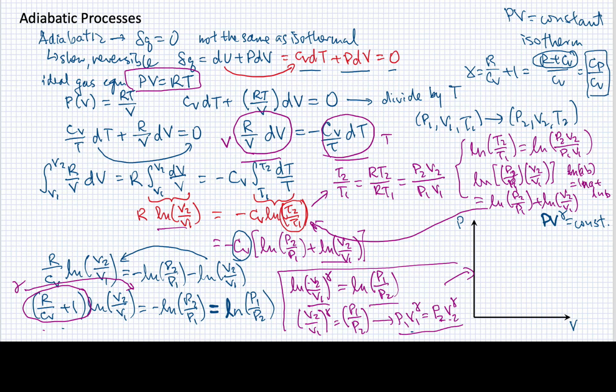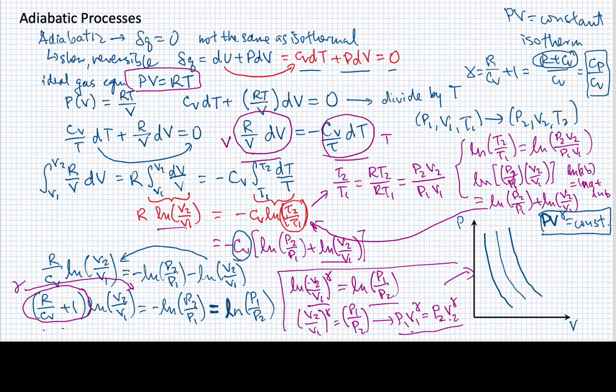Since the constant pressure heat capacity is greater than the constant volume heat capacity, gamma is always a number that's greater than 1, slightly greater than 1, but it's greater than 1, which means that the curves that I'm going to get, represented by this particular set of equations, are going to look a little bit like the isotherms, but they're going to be steeper than the isotherms. So we're going to come down like this.